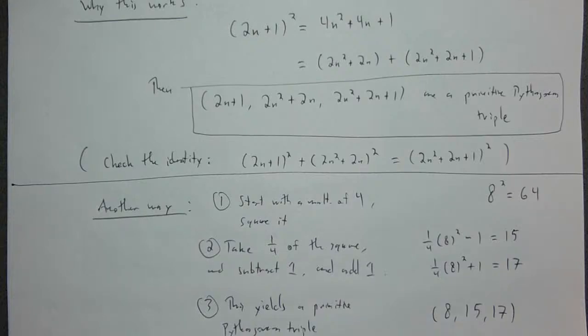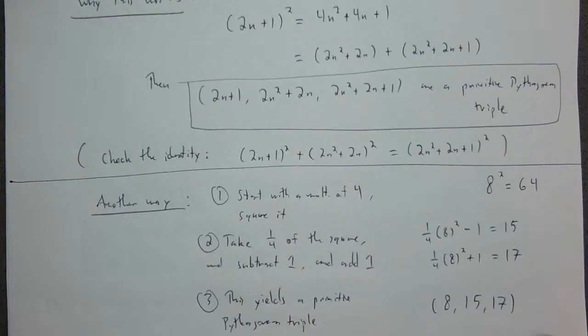Okay. So notice that doing it this way, you end up with a triple that wouldn't have been generated in the first method, right? So the first method would not have hit this triple, for instance. So neither of these gives the exhaustive thing that generates all of them.